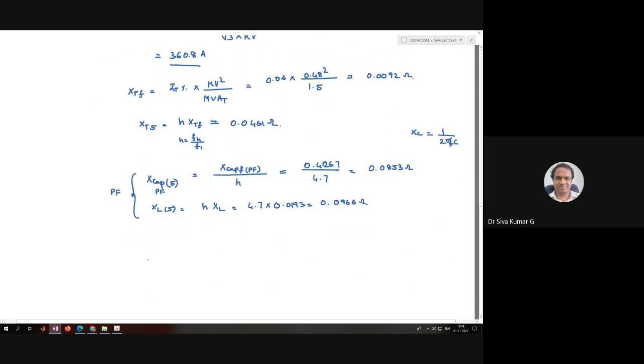So, the fifth harmonic current from the source will be the fifth harmonic source voltage divided by the reactance of XT, the transformer reactance, minus X capacitive fifth plus XL of fifth.